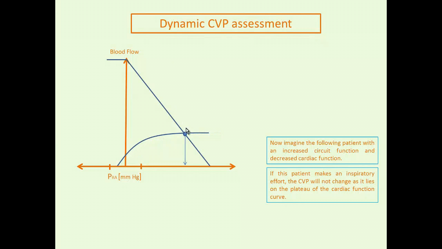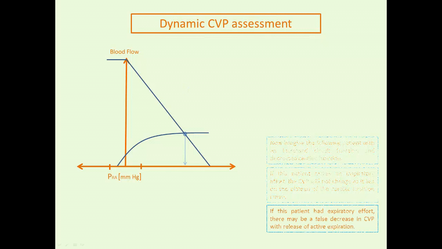They breathe in, the curve moves leftward, but the CVP doesn't really change. And this is a unique characteristic of the venous return curve intersecting the plateau of the cardiac function curve. So a lack of change of CVP with spontaneous inspiration is a pretty good marker of volume intolerance.